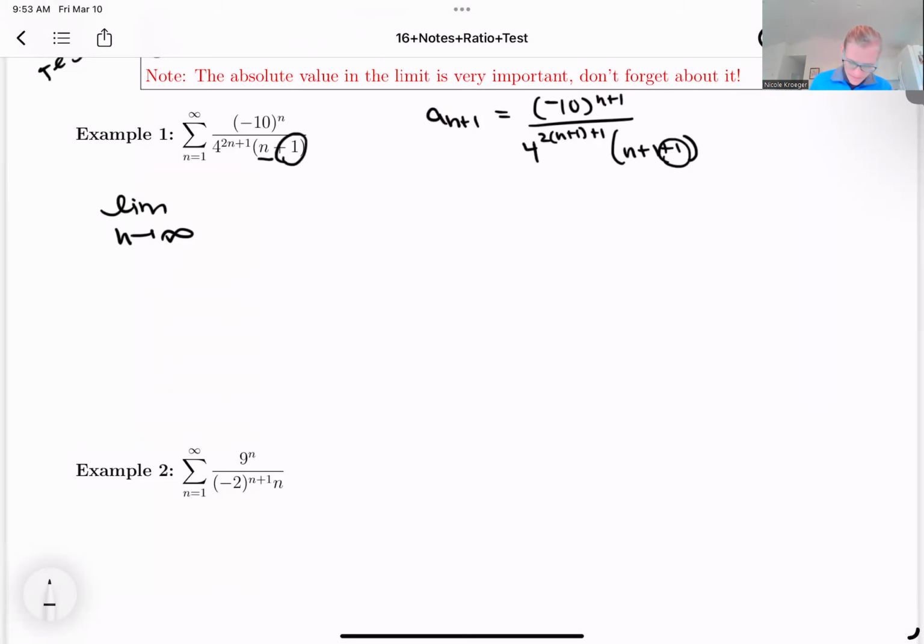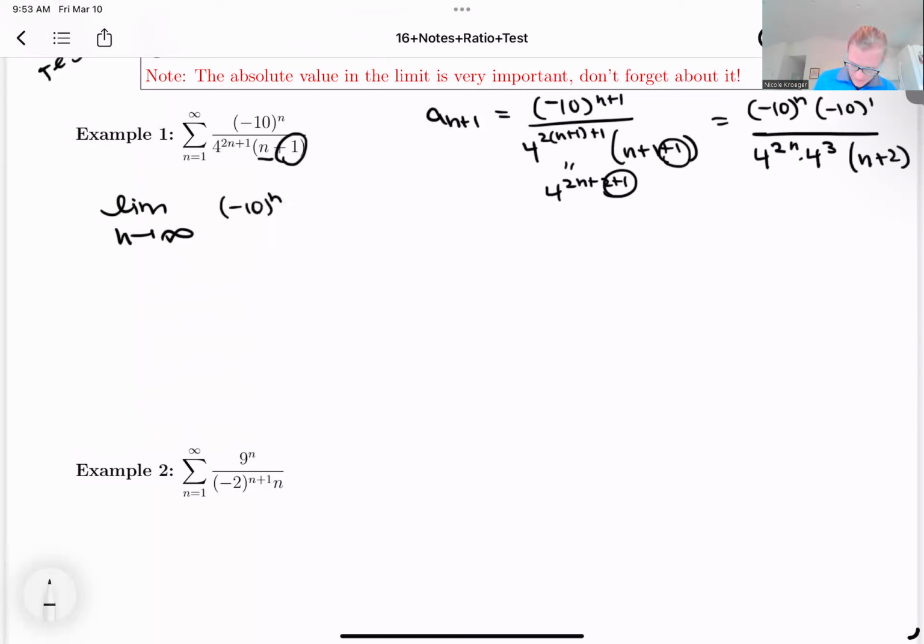Okay, let me simplify that before I plug it in. So this is going to be negative 10 to the n times negative 10 to the first over, so this looks like this is 4 to the 2n plus 2 plus 1. So that looks like it's 4 to the 2n times 4 cubed, plus 2 plus 1 is 3. And then I would have an n plus 2.